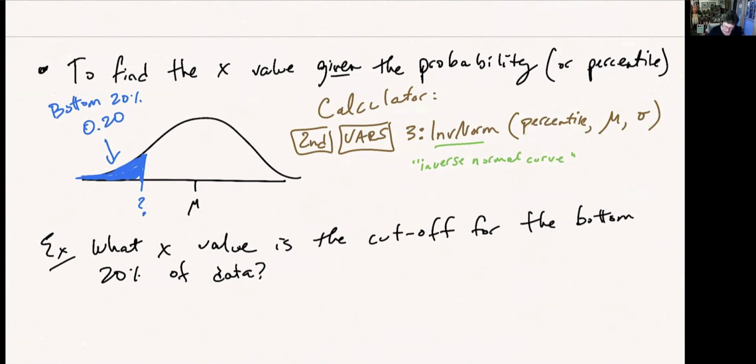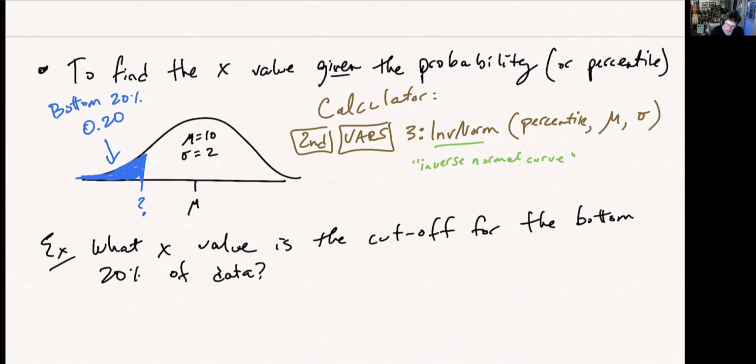So what I need to figure out for this problem is what X value goes with that bottom 20%. What's the cutoff for that bottom 20%? Notice I don't have enough information yet. I need to know what the mean is. But let's say for this example, the mean is, I don't know, 10, and the standard deviation is 2.